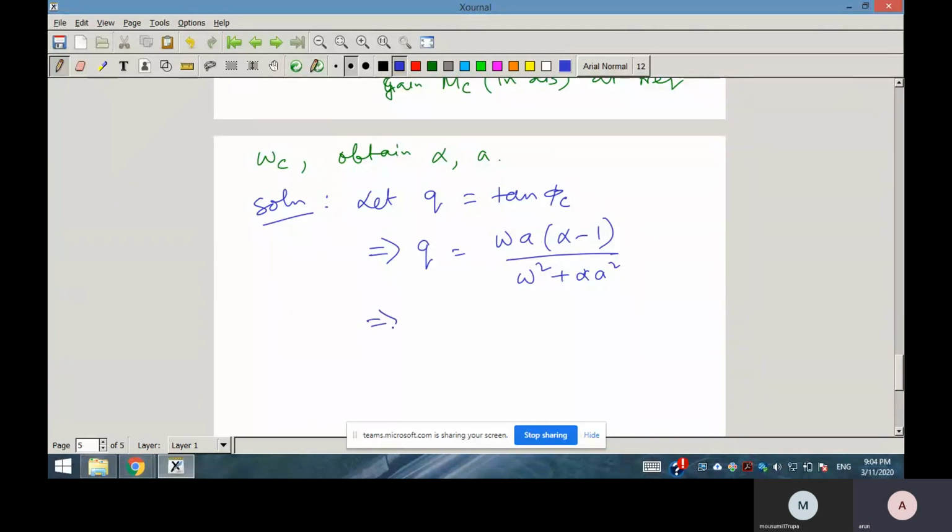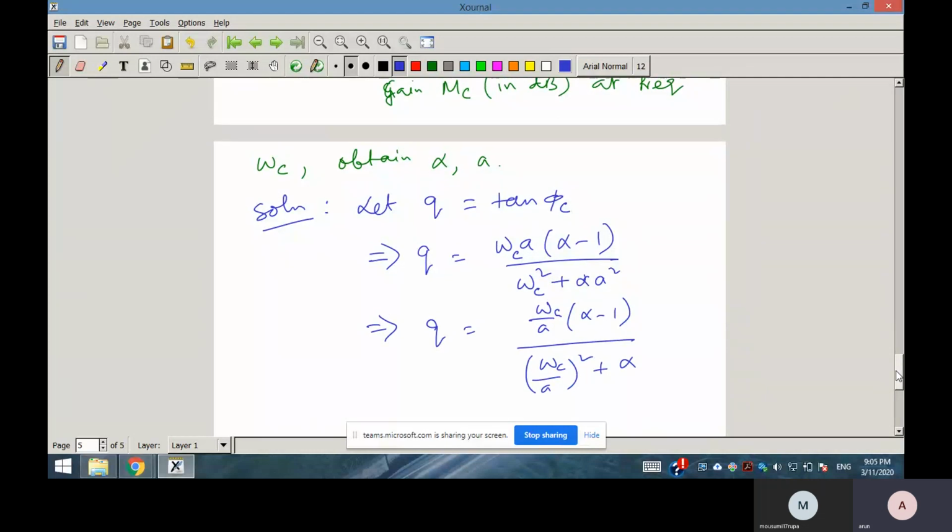If you divide numerator and denominator by A square, you can write, at omega c, omega c by A into alpha minus 1 divided by omega c by A whole square plus alpha.